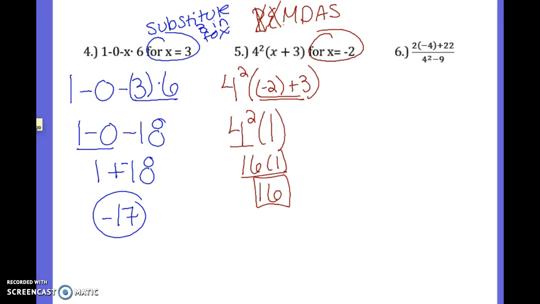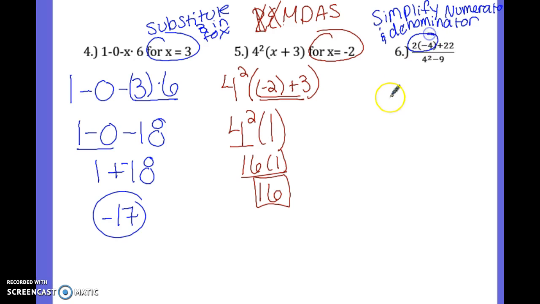Now for number 6, when you have that big division, you can simplify the numerator and the denominator at the same time. So let's do something on the top and something on the bottom.